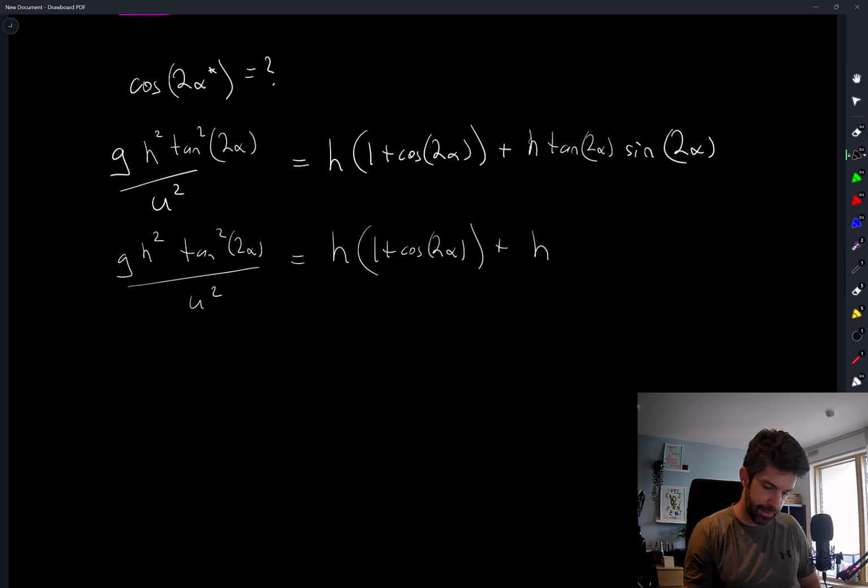I'll write this as, let me multiply and divide by cosine alpha. Does that help?